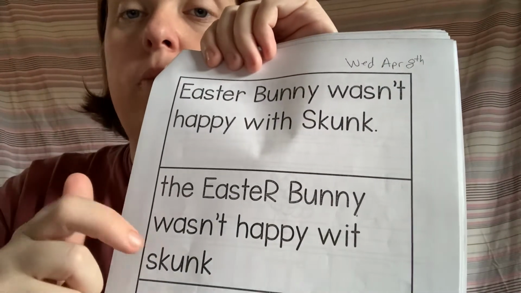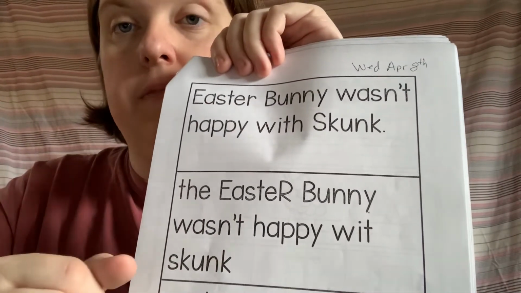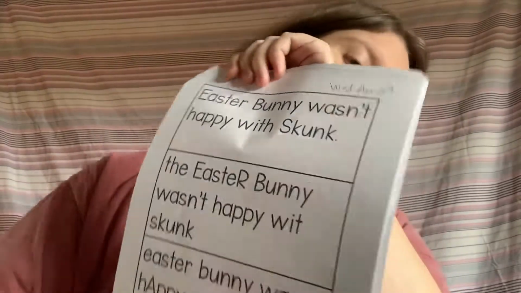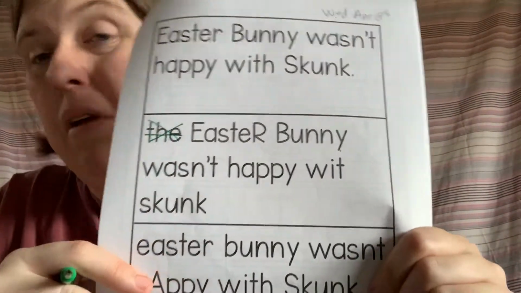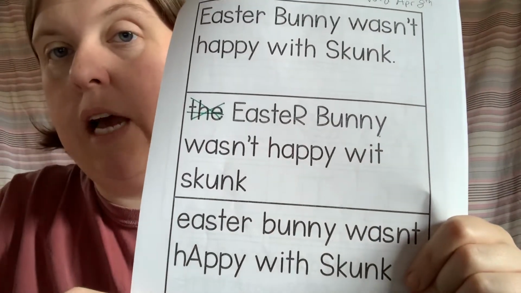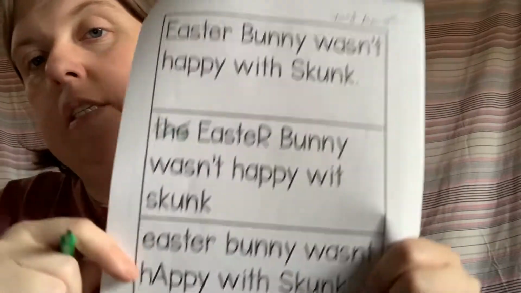The Easter Bunny wasn't happy with Skunk. So what do you see? The, good. The shouldn't even be there, right? It's not in our first sentence. It's not that it doesn't make sense. You could say the Easter Bunny wasn't happy with Skunk, but that's not what our original sentence said.